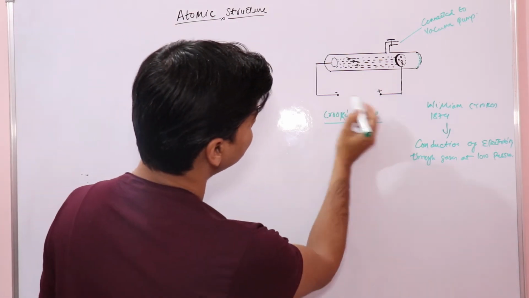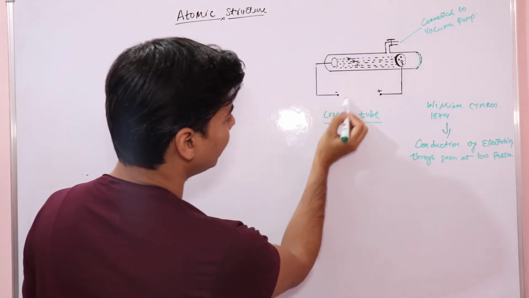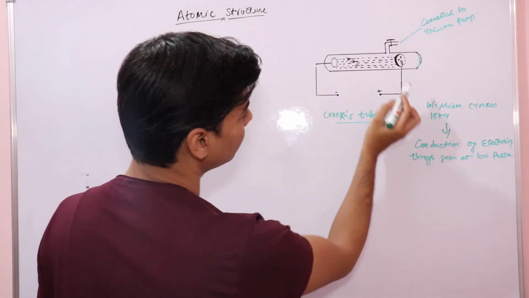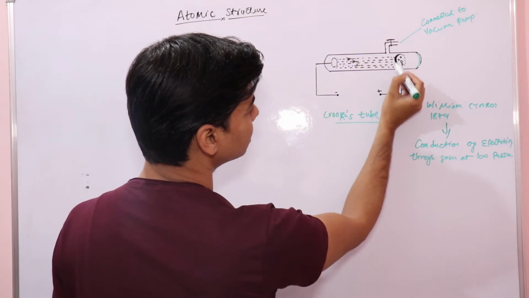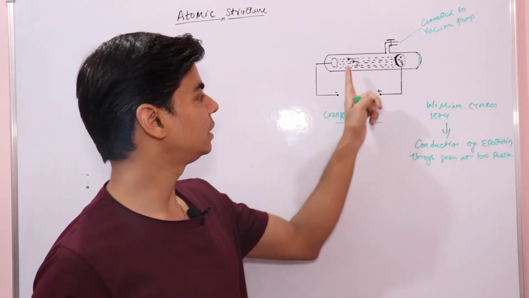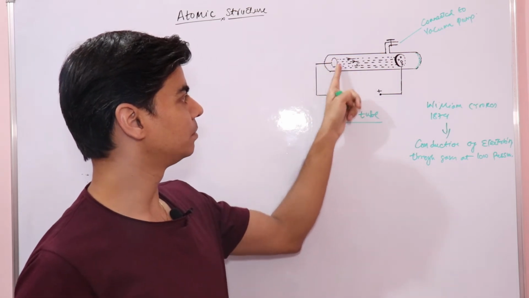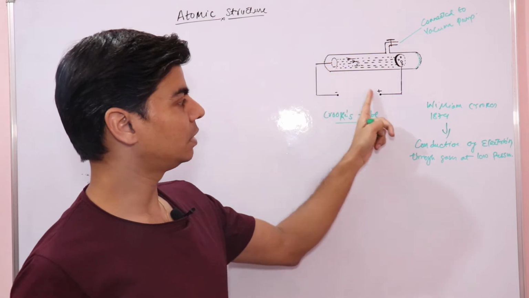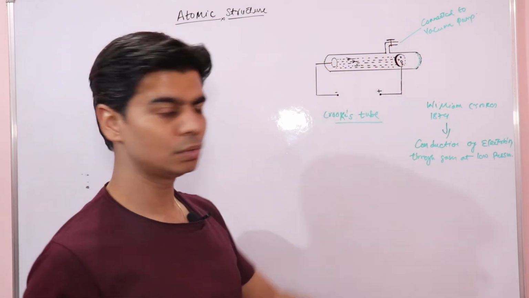This is a battery. The negative terminal of the battery is connected to the cathode, and the positive terminal is connected to this material, which is the anode.